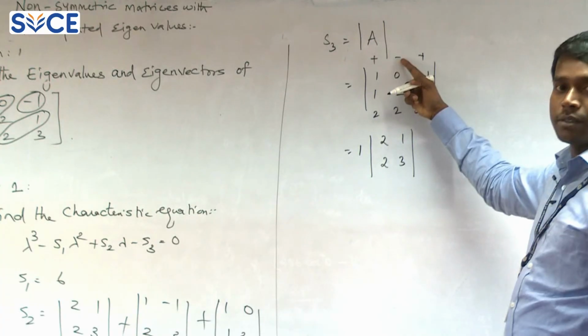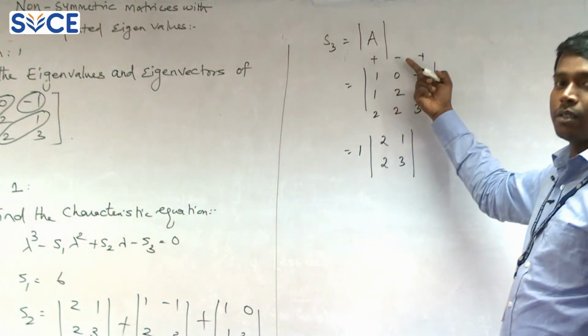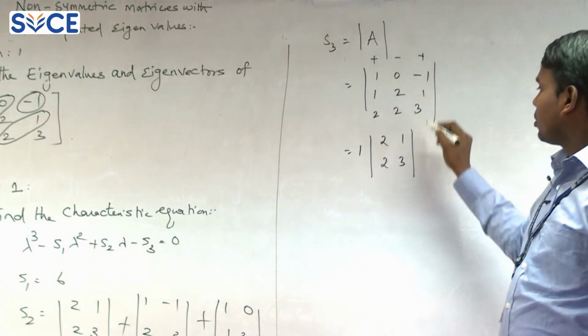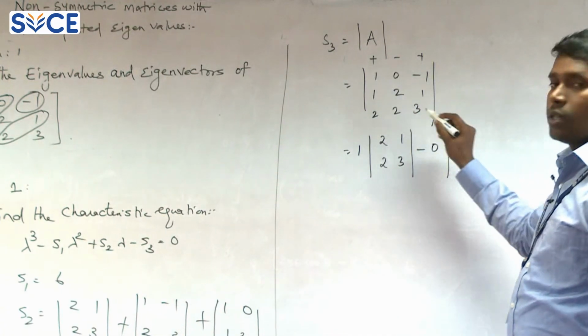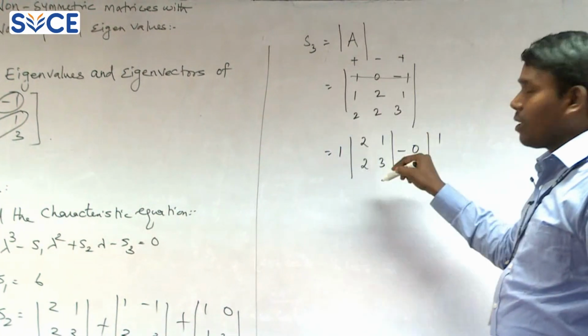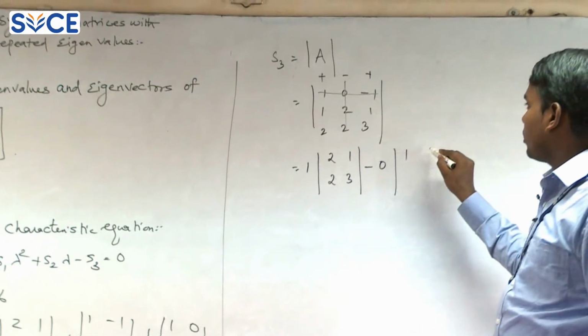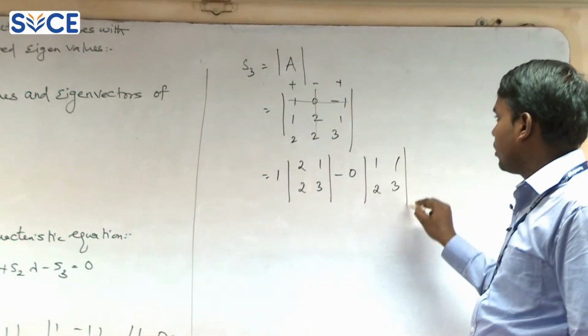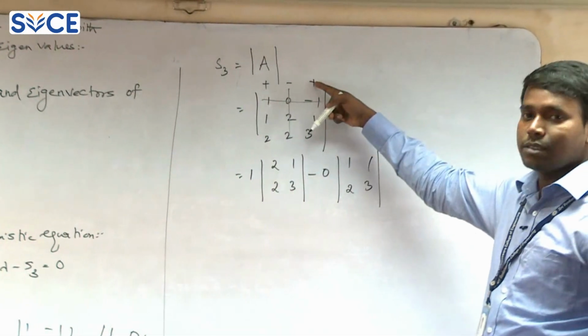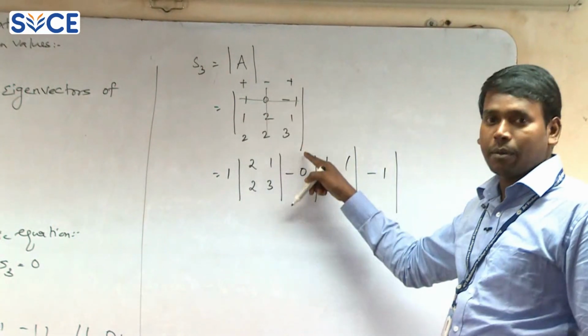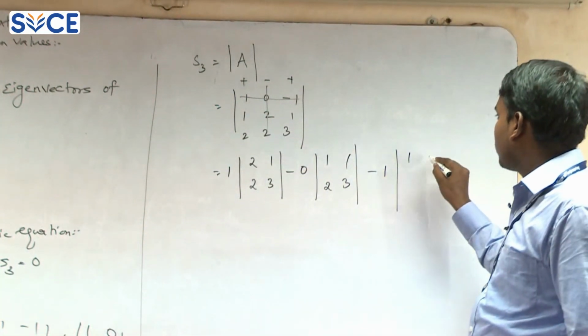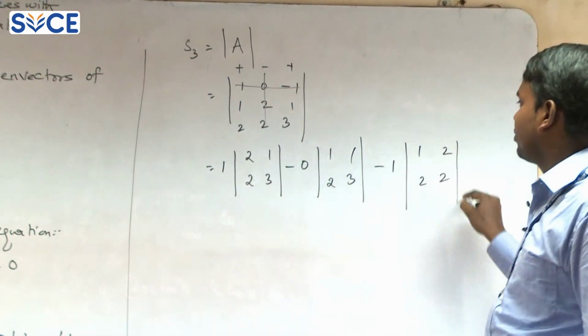Now the second element's sign: minus into plus, gives minus. So here minus 0 into, the elements are, omitting the corresponding row and column, 1, 1, 2, 3. Now the last element, plus into minus, gives minus 1, omitting the corresponding row and column, so the elements are 1, 2, 2, 2.